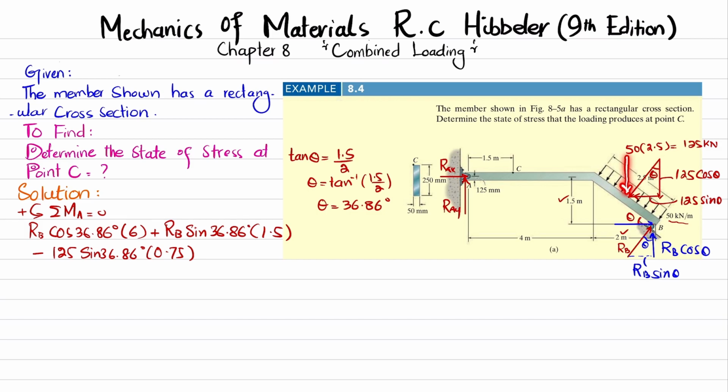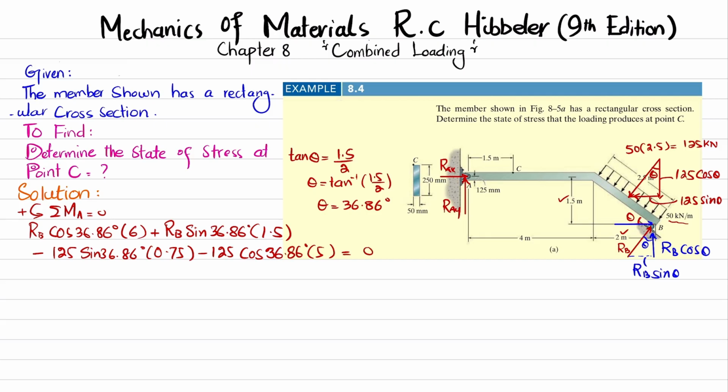So 125 into cos of theta, and perpendicular distance is this one, so this will be half, which is 1 meter plus 4, and that is 5. So it is also producing clockwise moment, so it will be negative. So I can write it minus 125 into cos of 36.86 degree multiplied by 5 is equal to 0.